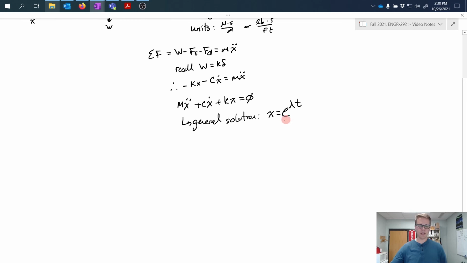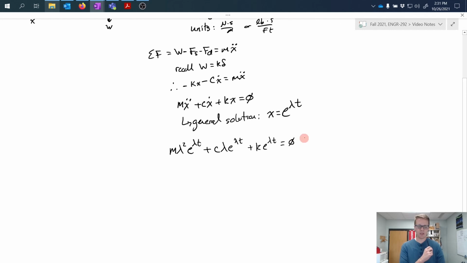Now I'm going to take that and substitute it back into my initial equation. The second derivative of x, if x is of that form, would look like this. The first derivative like this. And we get an equation that looks like that.